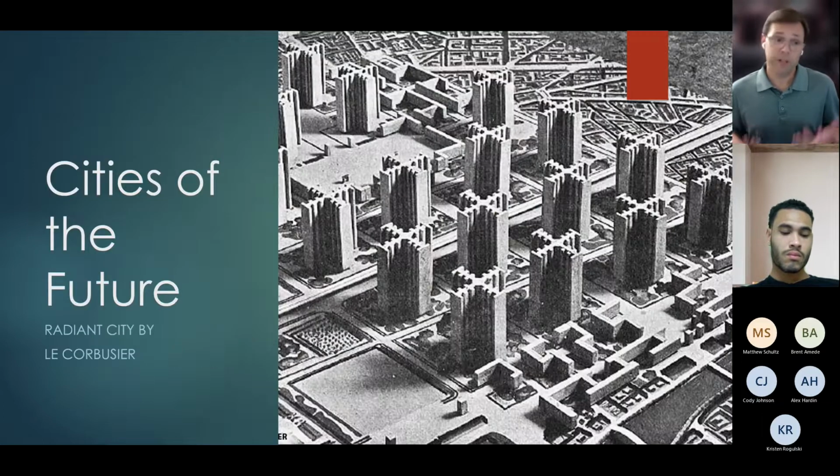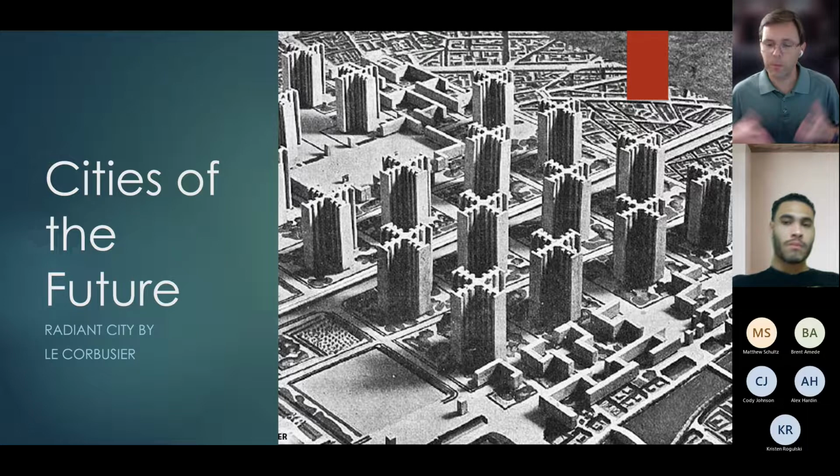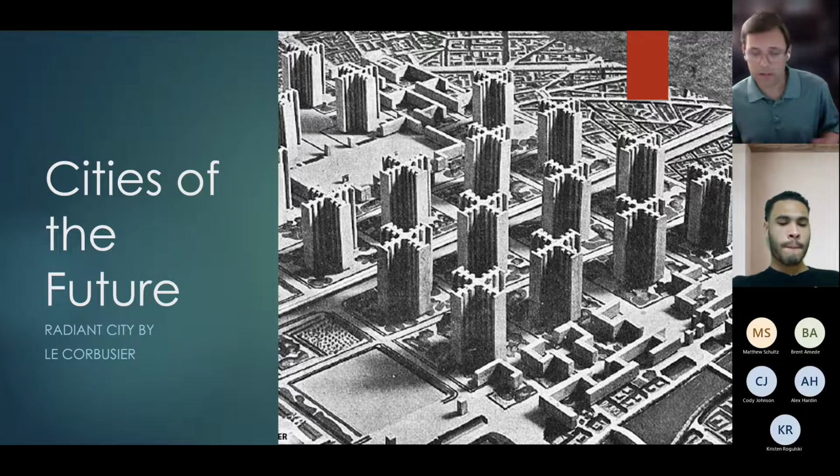And then we had Le Corbusier. Now he proposed something called radiant cities, or cities of the future. Actually, I think he wrote a book called Radiant City, and this design really started incorporating the high-rise concept, so that you could incorporate more people in a smaller area, preserving more area and providing more open space.